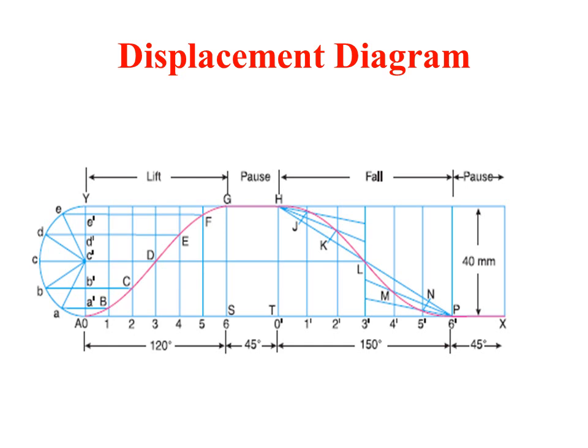Next we have the dwell, where the follower is stationary, so it's a straight line. Next, coming to the return stroke or fall. In the problem it has been clearly mentioned that the return stroke follows uniform acceleration and deceleration. Whenever we have a problem where uniform acceleration and deceleration is there, we have to take the midpoint of this return stroke.